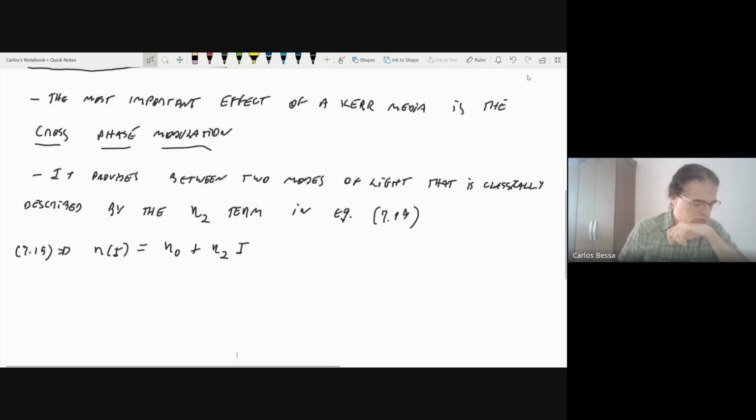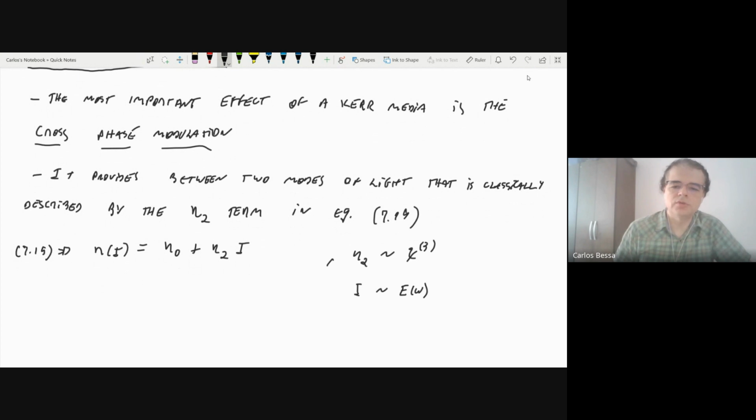And this n2 is proportional to chi 3. So n2 we saw is proportional to chi 3, the third order susceptibility, and the intensity I is proportional to the square of the electric field amplitude.